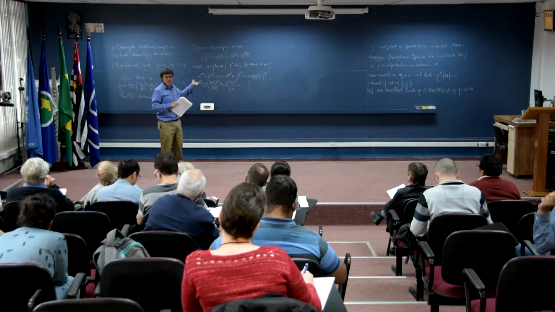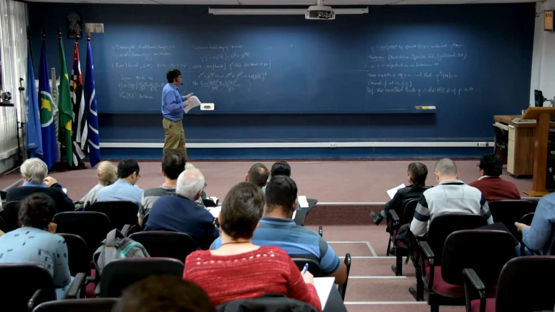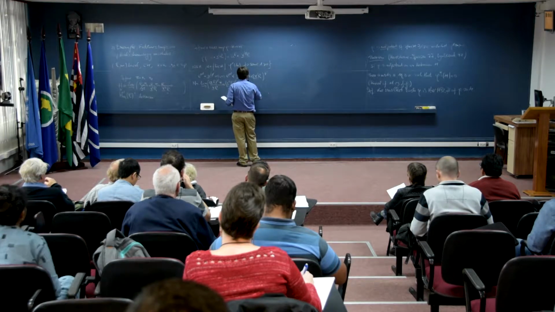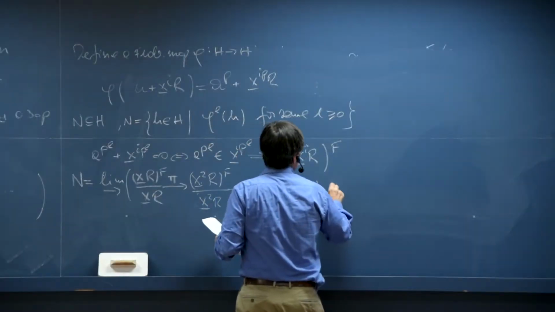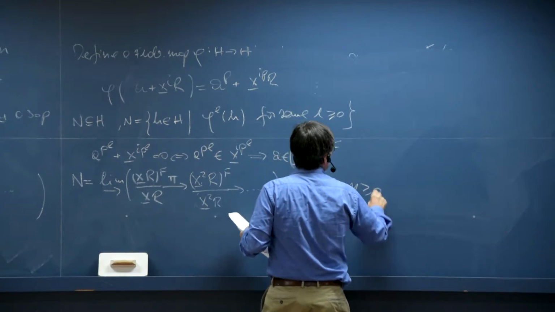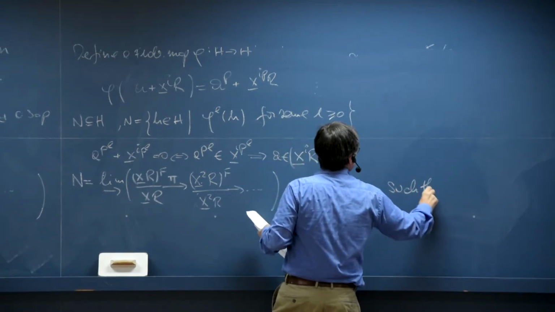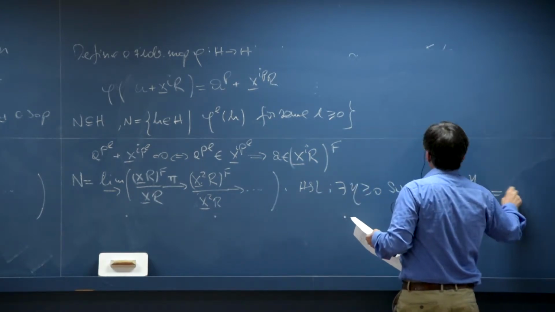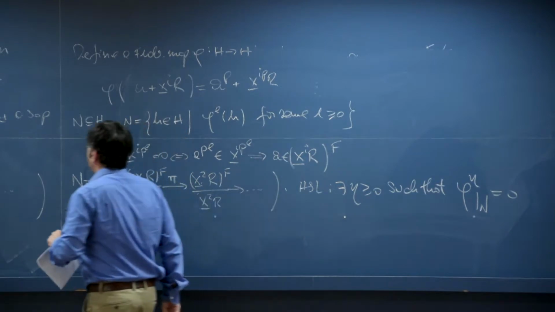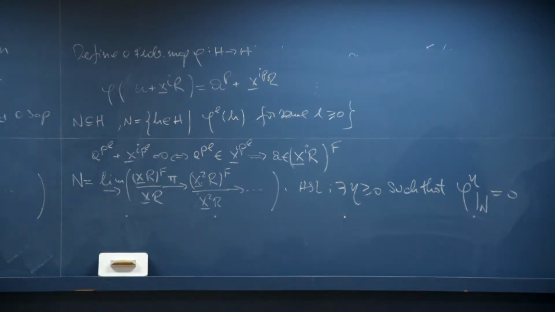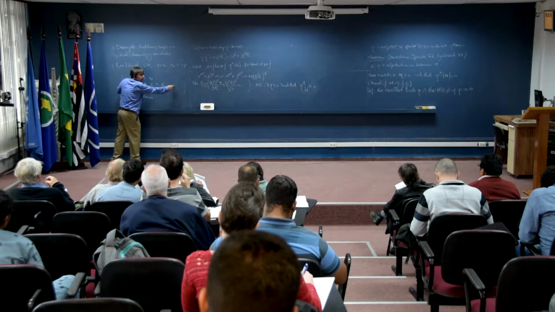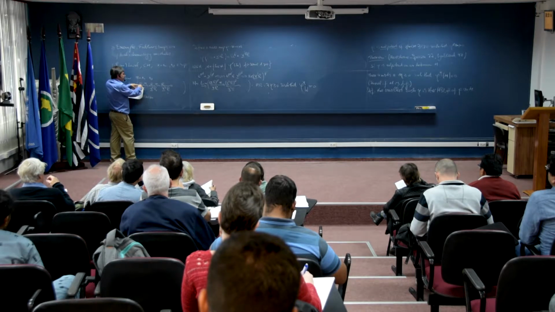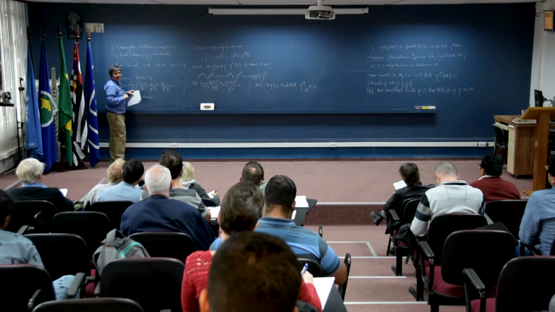It's phi acts nilpotently on N. So now we're going to use the theorem, and HSL says there exists an eta greater or equal to 0 such that phi to the eta restricted to N is 0. And what is this telling us? This is telling us if Frobenius takes something to 0 after e steps, this Frobenius map is going to take it to 0 after eta steps.